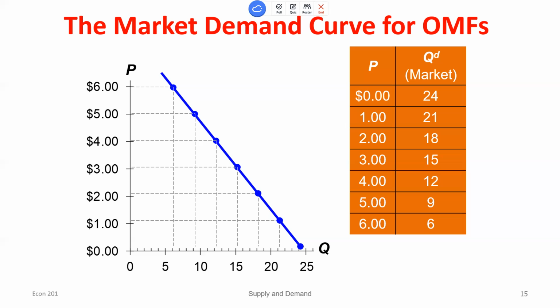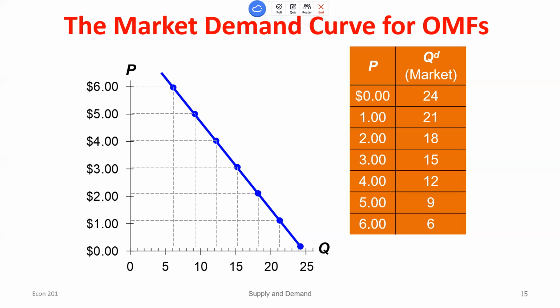So to get market demand in practice, what we would do is take the quantity this person would buy at this price, the quantity this person buys, this person, add all those up, and then graph that point out here. And then we do that at every single price. So you can imagine, in a real economy, this becomes a lot of work, right? First of all, it's hard to get information on every individual's demand curve.